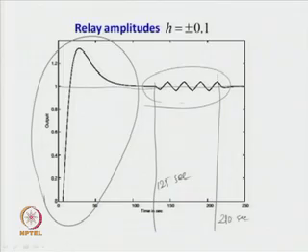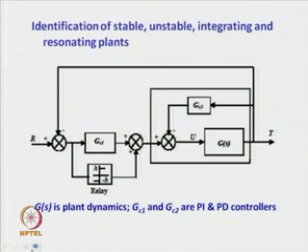Next, we shall go to another scheme, the third scheme, an online identification scheme, which is capable of controlling or tuning the parameters successfully for stable, unstable, integrating and regenerating plants. So, for a class of plant dynamics, this identification and control scheme can perform well.